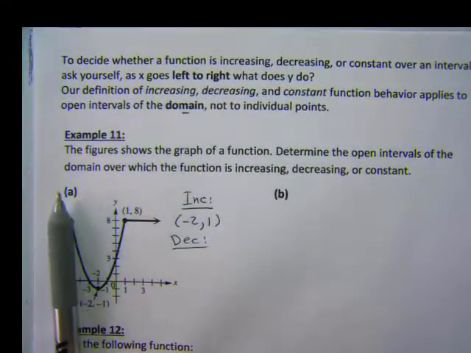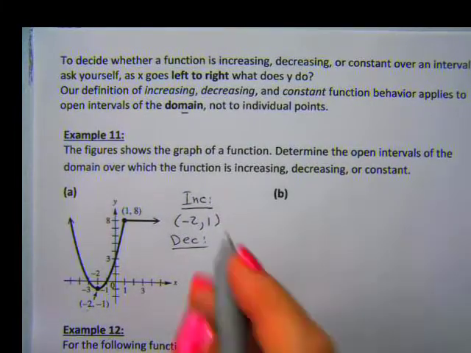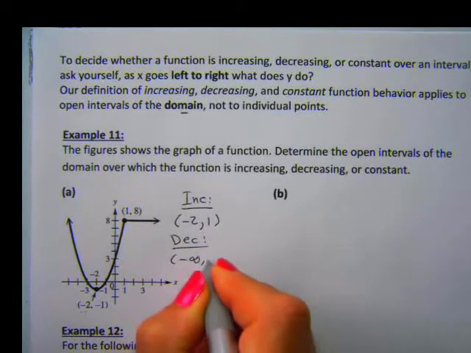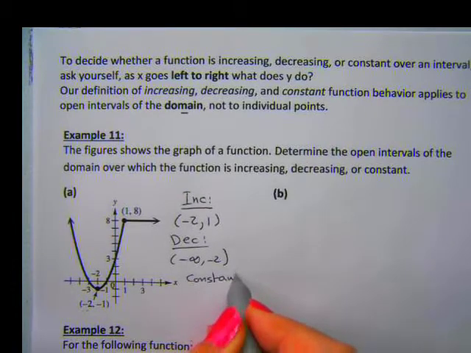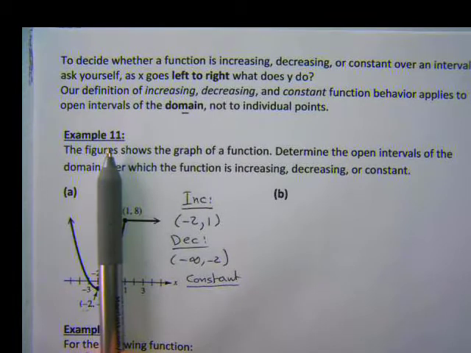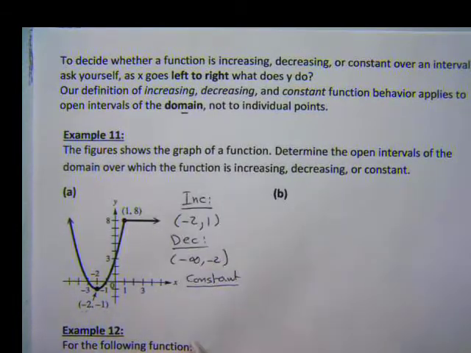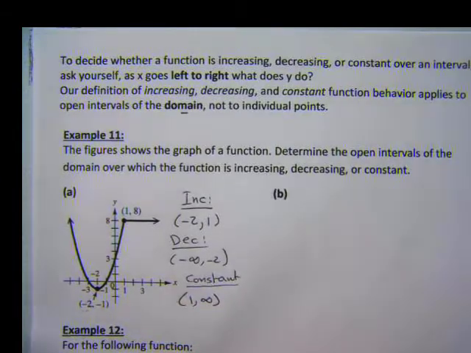And so it is going down from negative infinity to negative 2. Where is it constant? We see that it is constant from 1 all the way to infinity. So from 1 to infinity.